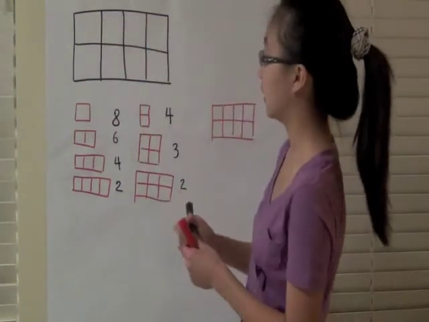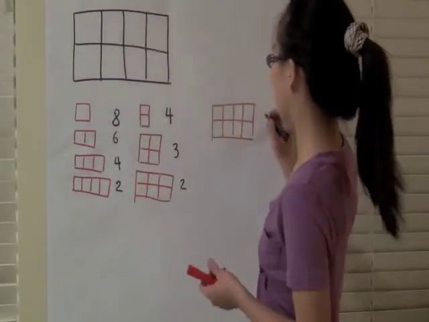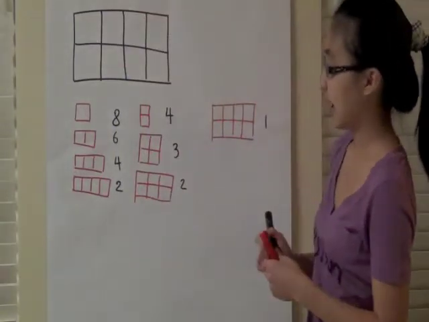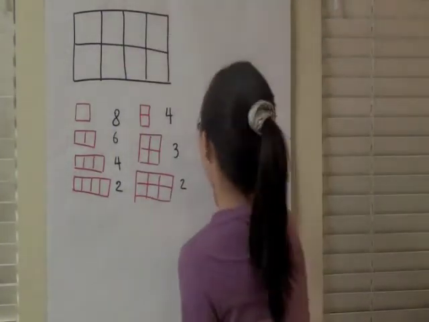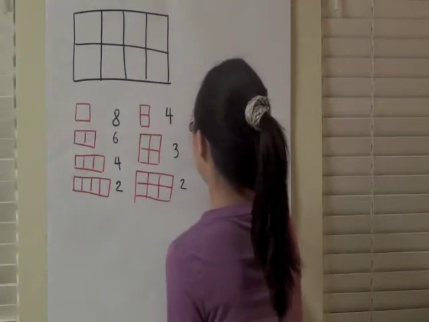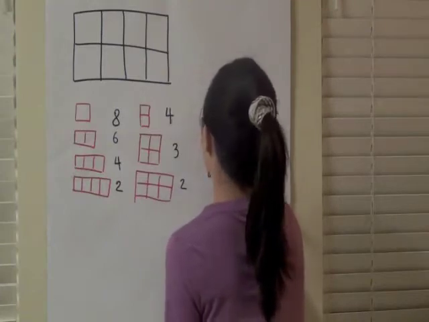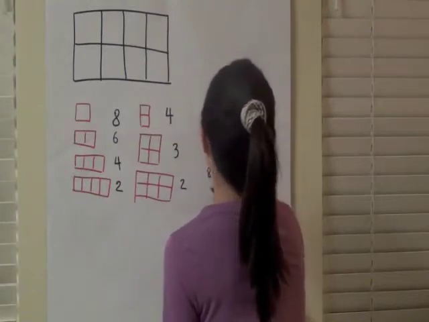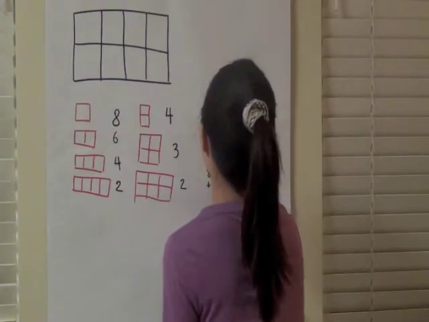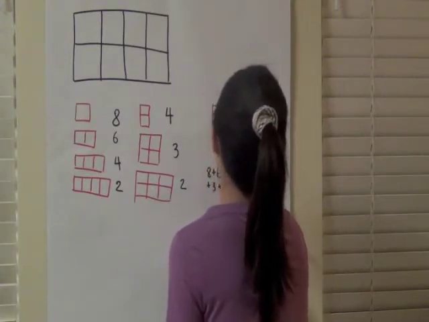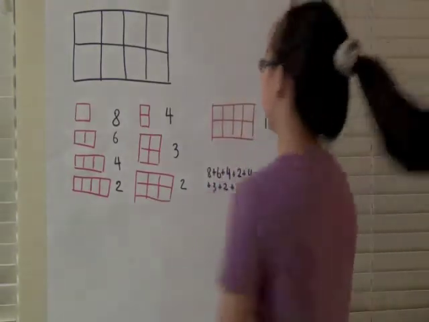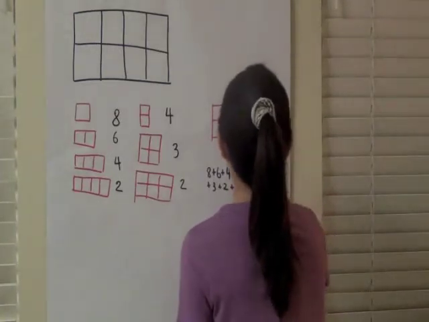And finally, the entire large thing, there's just one of. So if you add these all up, it's 8 plus 6 plus 4 plus 2 plus 4 plus 3 plus 2 plus 1, which gives you 30.